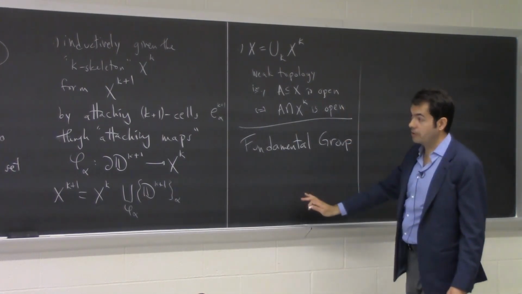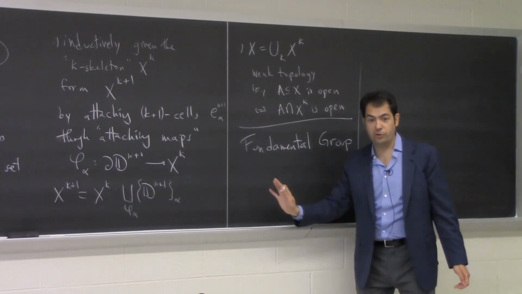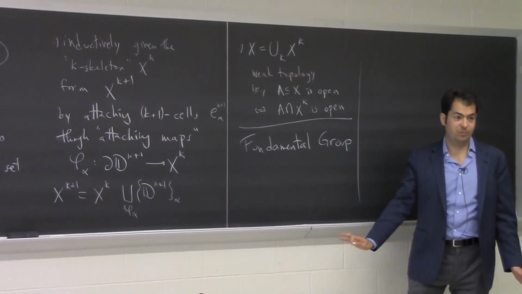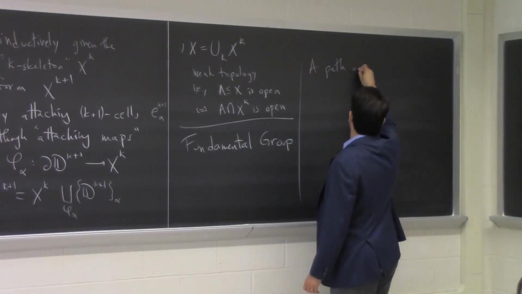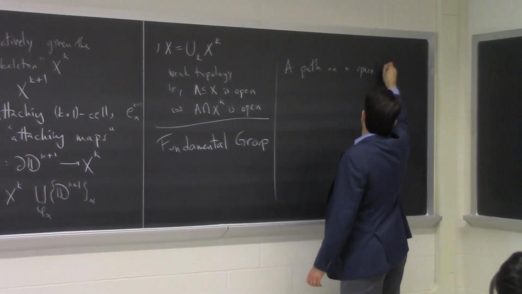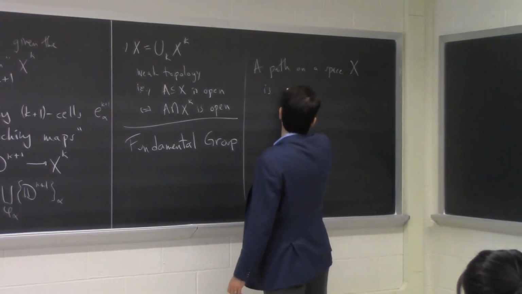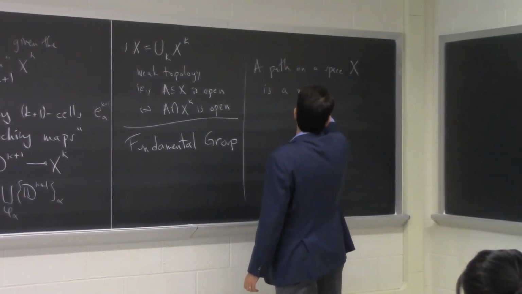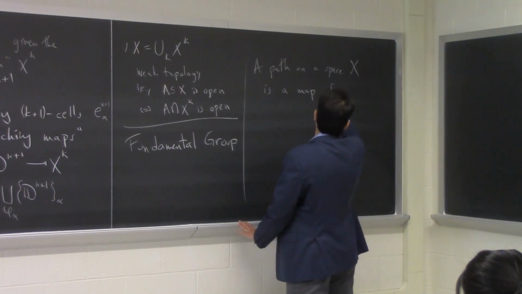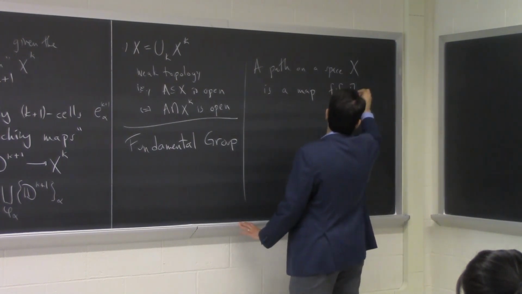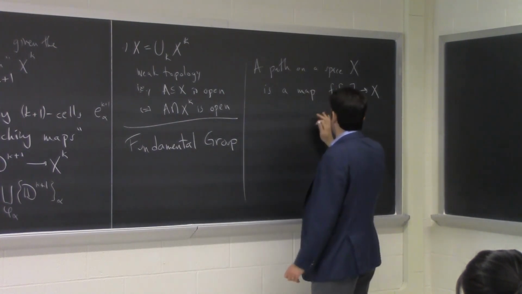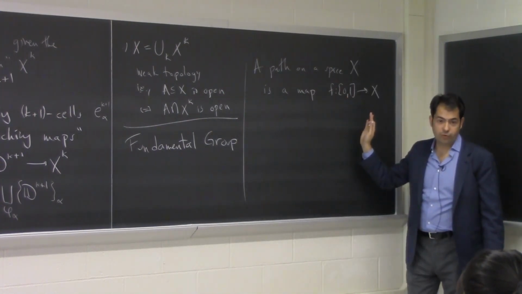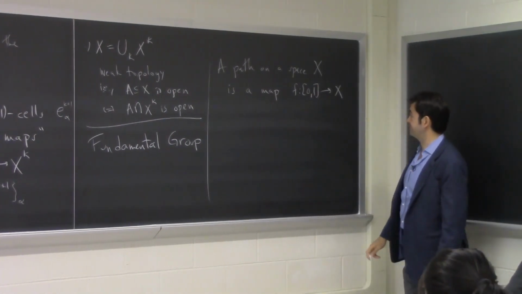So remember, our convention is that all spaces are topological, all maps are continuous. Right? So a path on a space X is just a map from the unit interval to X. It could be any interval, but we use the convention of the unit interval.